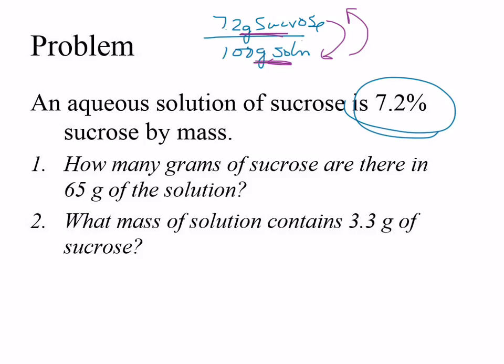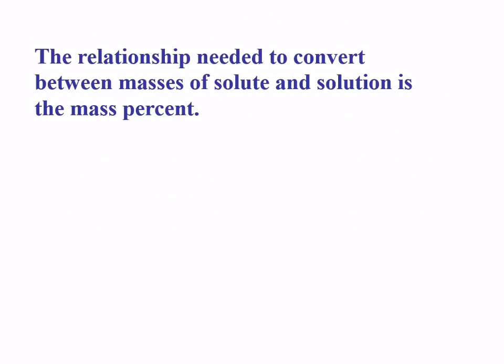The word explicit means don't leave anything to the imagination. And here, explicit means I've got 2 units with grams. Let me choose a different color. I've got grams of sucrose, and I've got grams of solution. I have to hit you over the head with which grams it is, okay? That's my point.